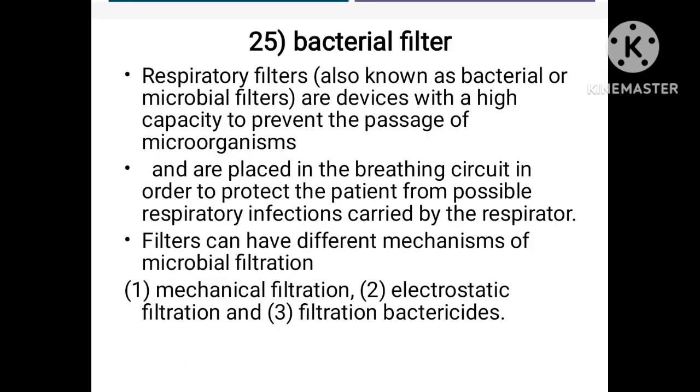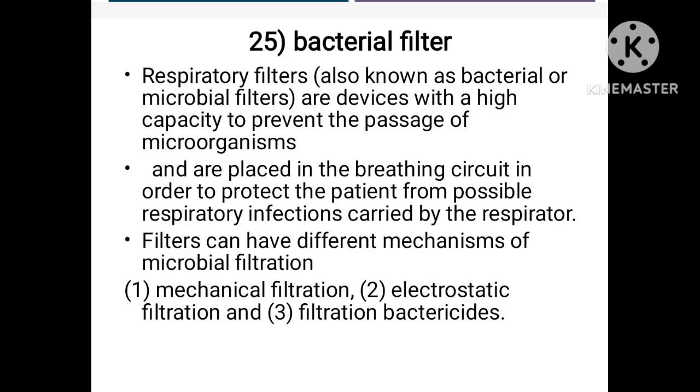Question number 25. Bacterial filters. Respiratory filters, also known as bacterial or microbial filters, are devices with a high capacity to prevent the passage of microorganisms and are placed in the breathing circuit in order to protect the patient from possible respiratory infections carried by the respiratory tract.